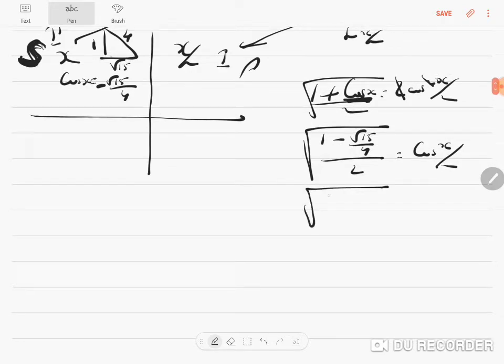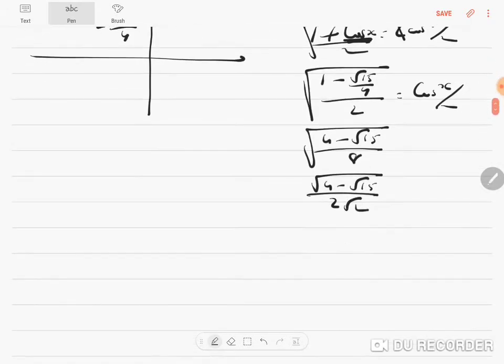So when you take LCM, it's 4 minus root 15 by 8, or in other words it will be root of 4 minus root 15 by 2 root 2, or if you rationalize it, it will be root 2 into root of 4 minus root 15 by 4. Root 2 into root 2 is 2, 2 2s are 4, and thus this is the answer.